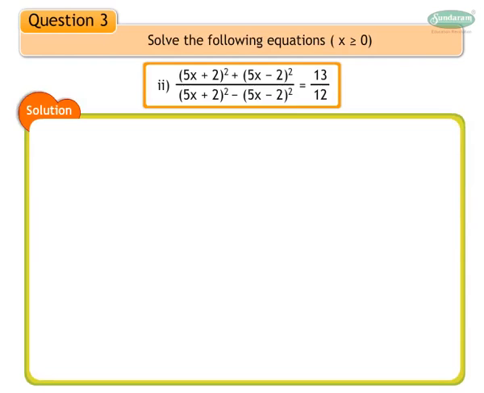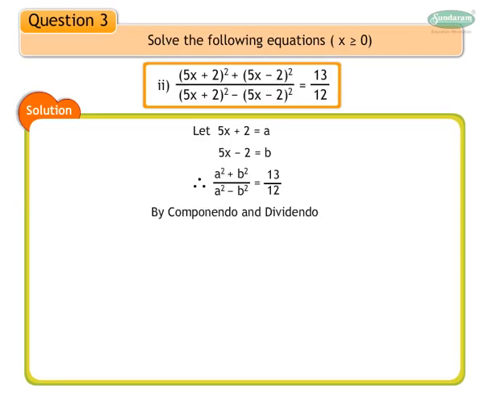Solution. Let us substitute 5x + 2 = a and 5x − 2 = b, just to make the ratios easy. Hence we get (a² + b²)/(a² − b²) = 13/12.